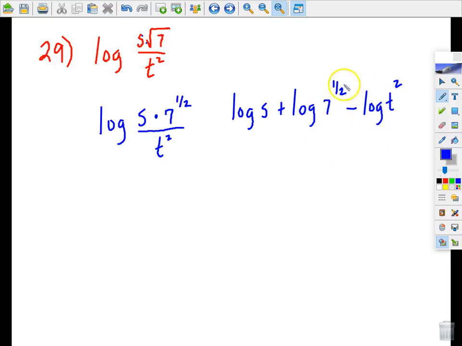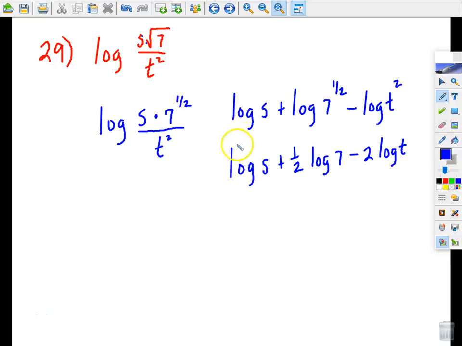Now, let's do the power property and move these exponents down as multipliers. Log S plus 1/2 log 7 minus 2 log t. Okay, and that should be your answer for number 29.